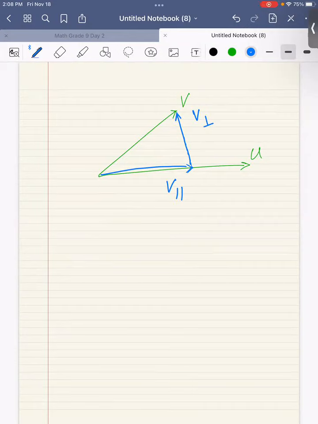So if you have two vectors, you can decompose one of them into a component parallel to the other and one perpendicular. Do you know how to do this?